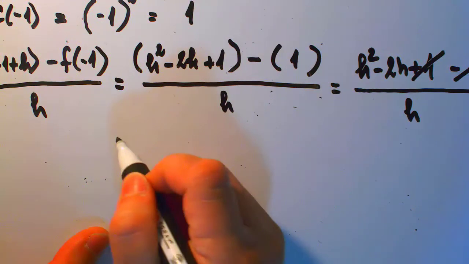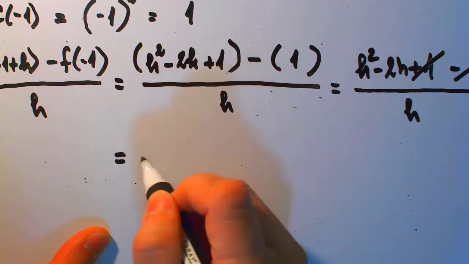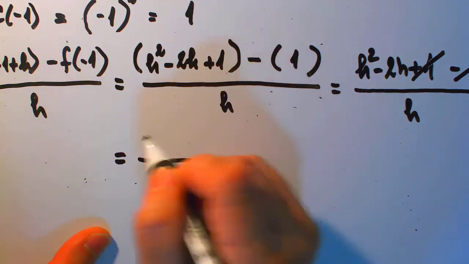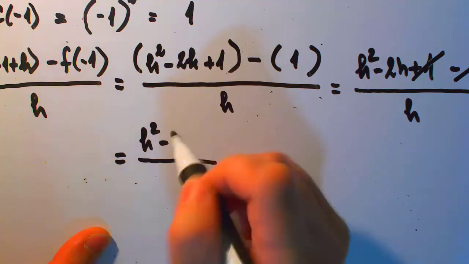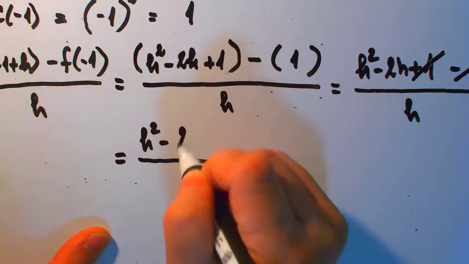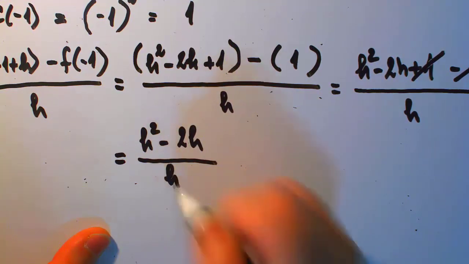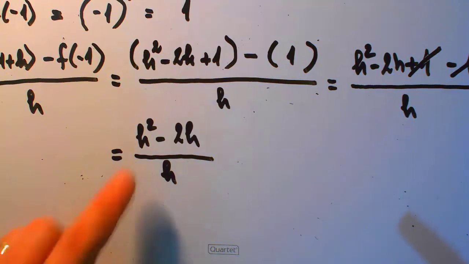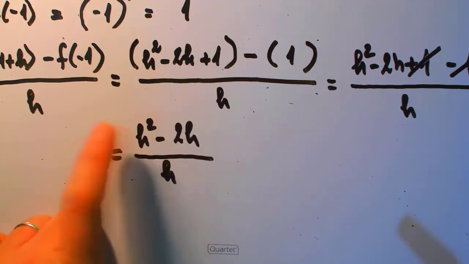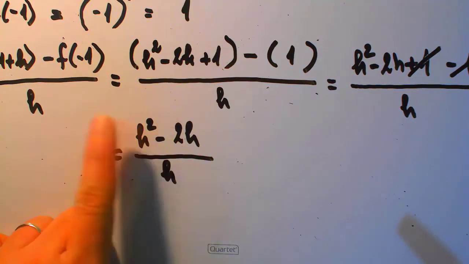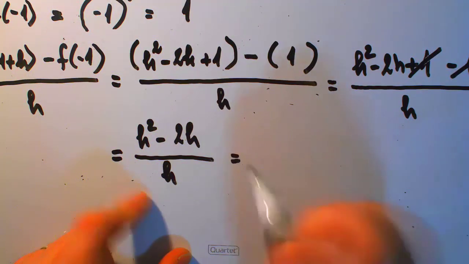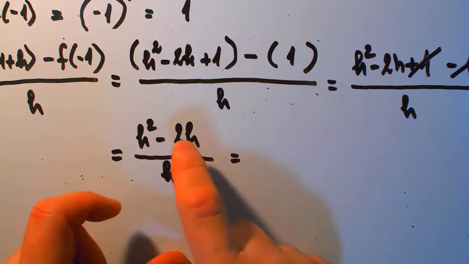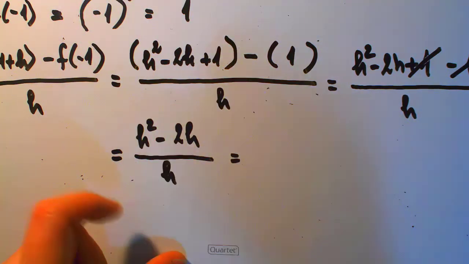They are to be cancelled away. And once again, in my next step down, I'm going to end up with h squared minus 2h over h. In the numerator, there are no further like terms to combine and no further opposite terms to cancel. But at least you recognize there is a common factor throughout the two terms in my numerator.